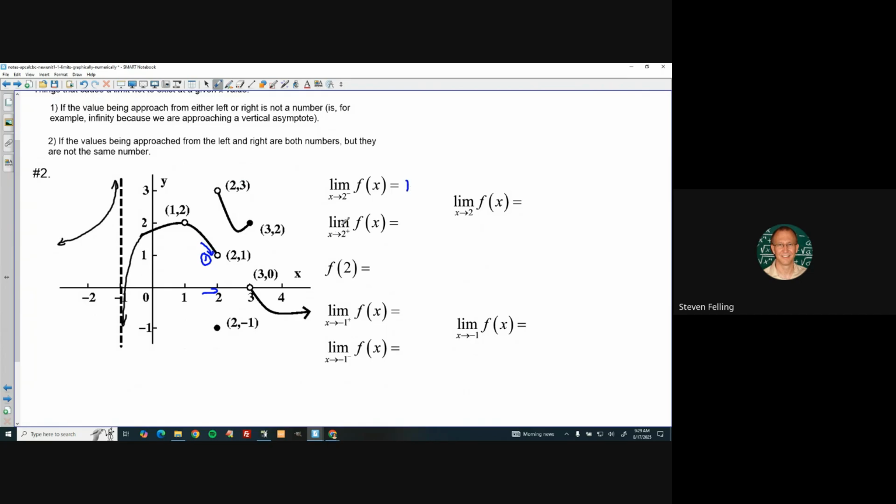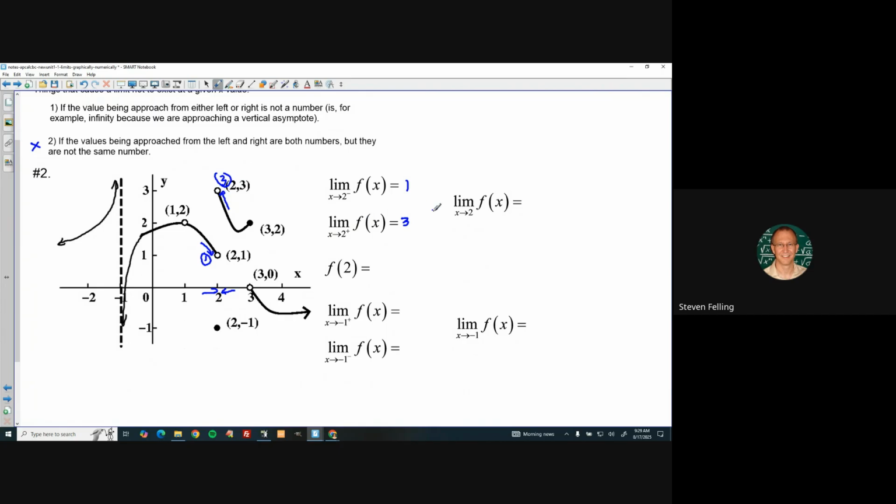And then it says limit as x approaches 2 from the right. If we approach 2 from the right here, that means we're in this part of the curve where we're getting closer and closer to the number 3. So that one-sided limit exists. But because the left limit and the right limit are not the same number, we're violating this second condition. That means there's not a single y value being approached.